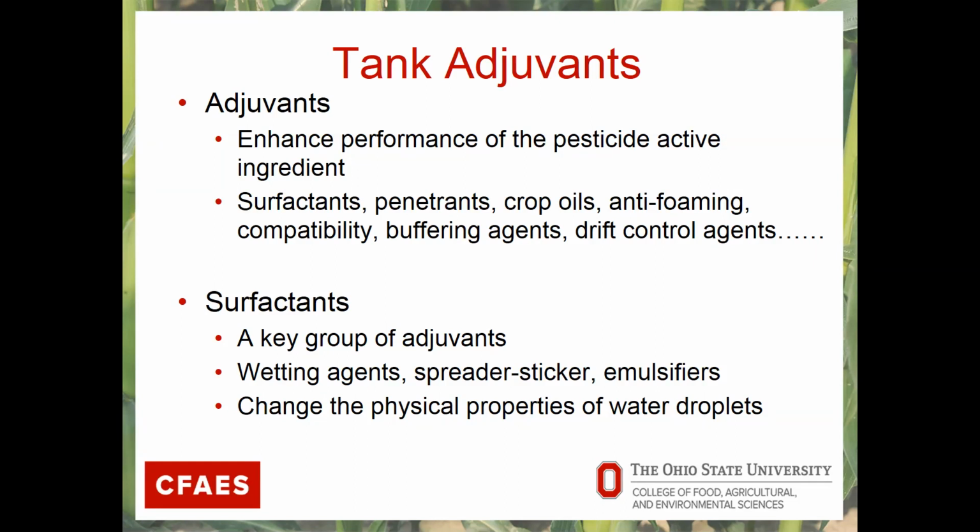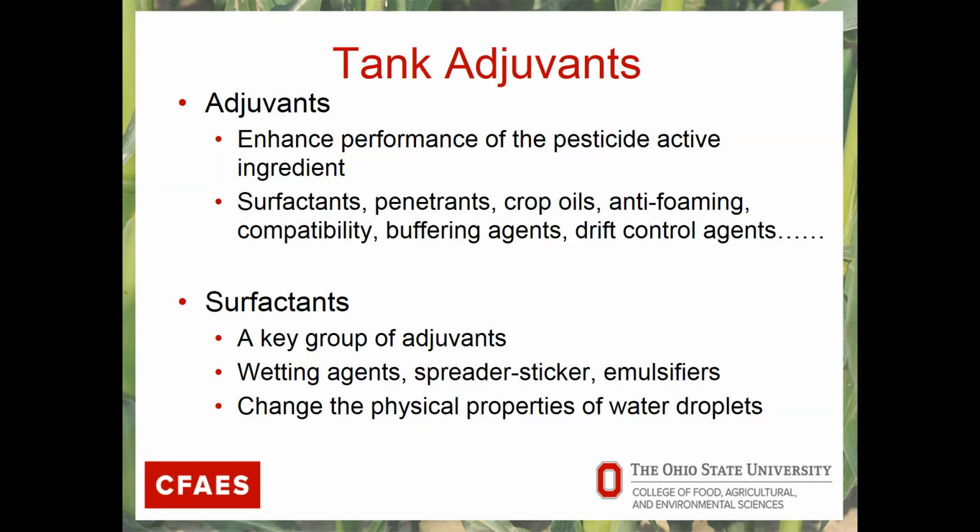As we said with surfactants, these have surface active agents. So they change the property of the water droplet by lowering the surface tension. For example, with a wetting agent, one type of surfactant, the droplet spreads better over the overall surface of the leaf.